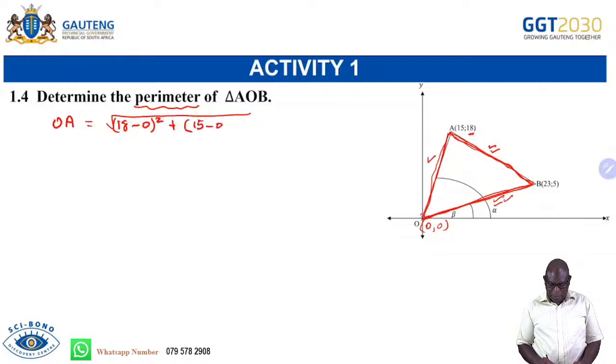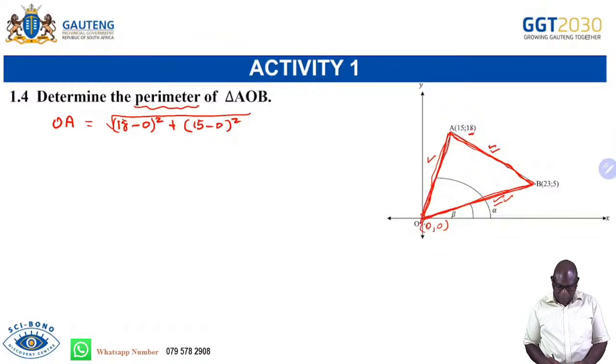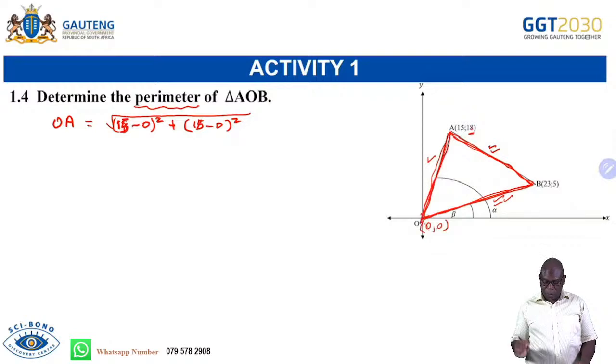We start with the x value, so it will be 15 and then 18. So it's 15 minus 0 because that's x2 minus x1, y2 minus y1, all squared.